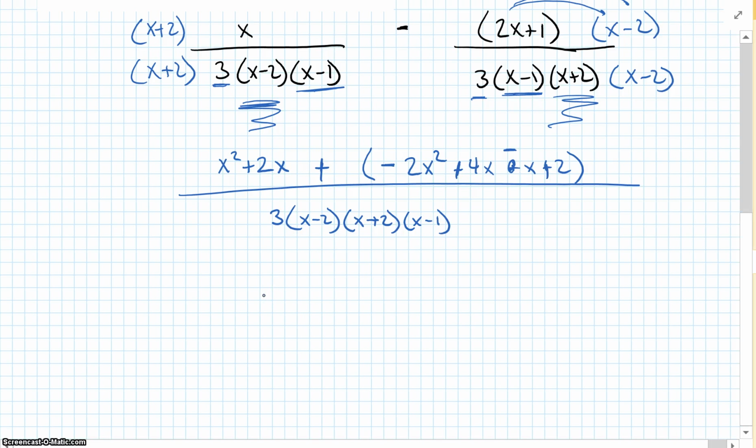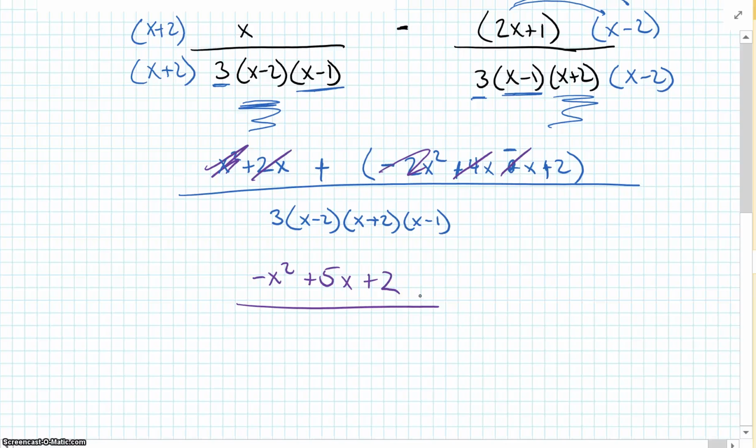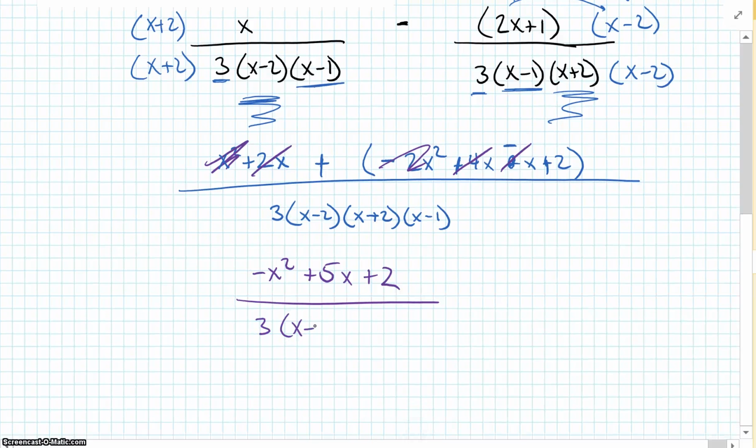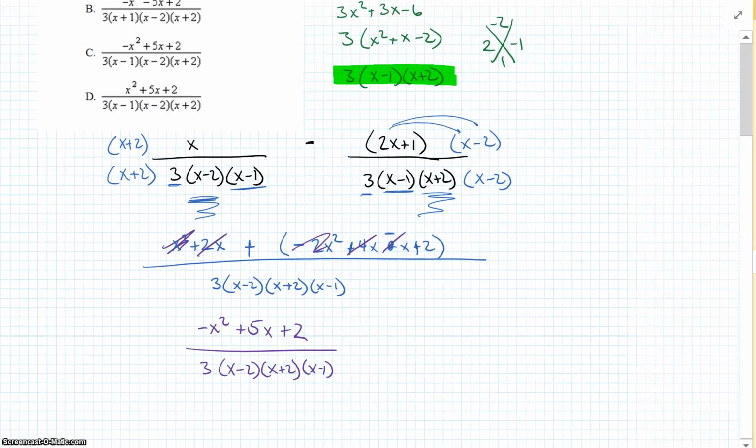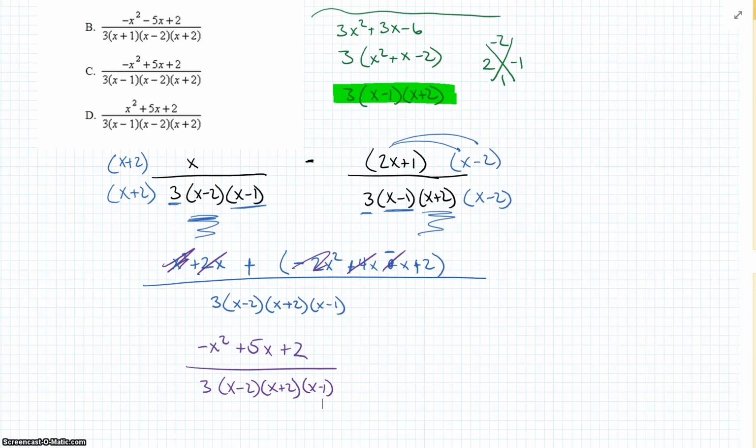On top I get negative x squared, negative x squared, so I've canceled those out, plus 5x plus 2, all over 3 times x minus 2, x plus 2, x minus 1. The answer looks like C.